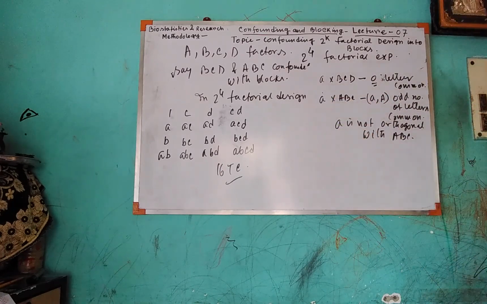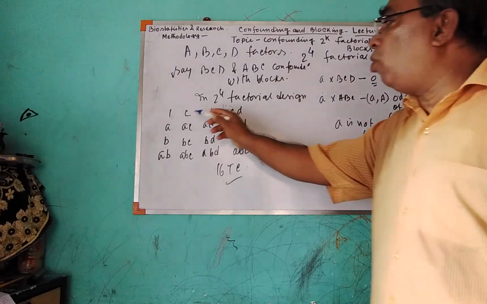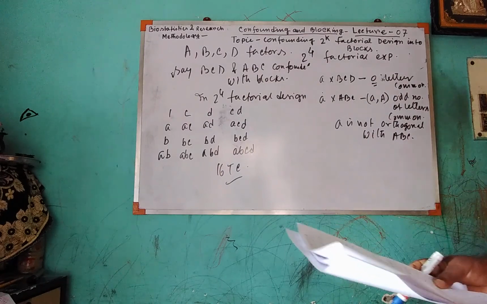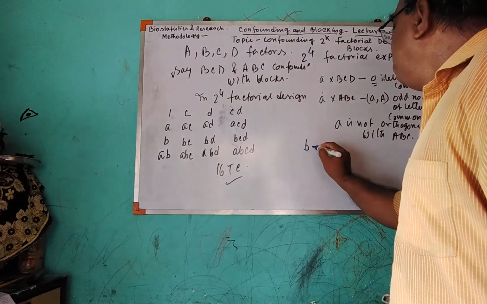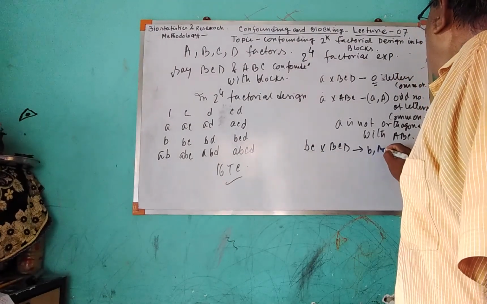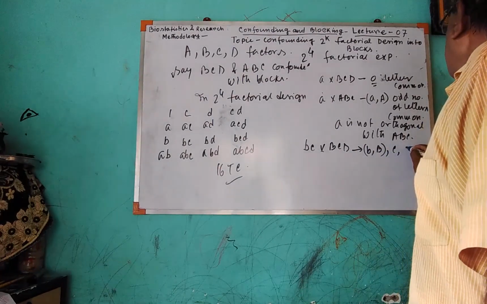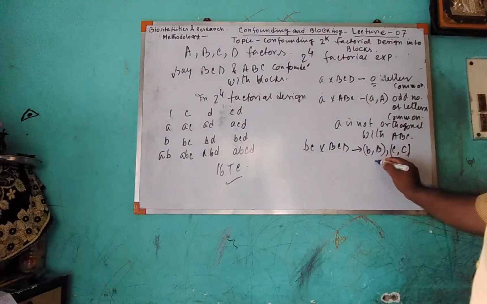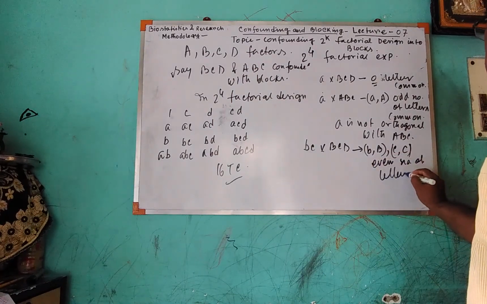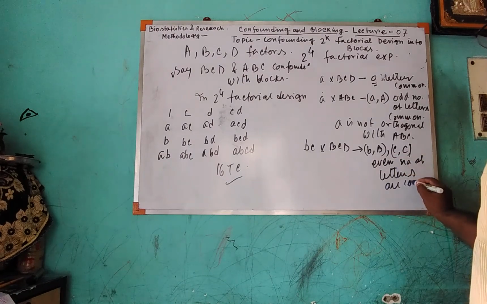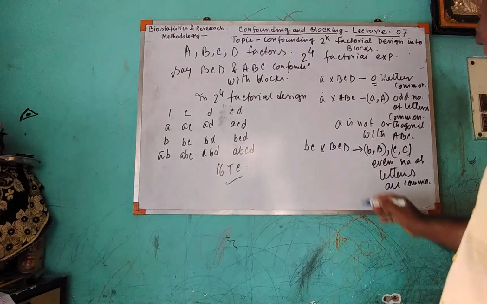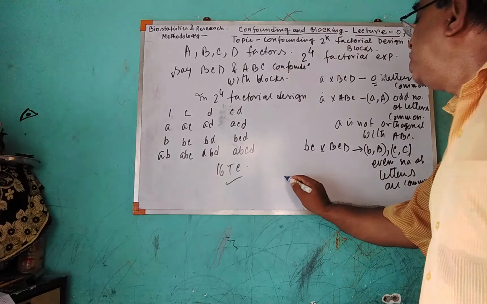Now in this way you have to check all the elements. Suppose I take BC. You see BC into BCD: B is common and C is common, so an even number of letters are common. Therefore, BC is orthogonal to BCD, so BC can go into the principal block.